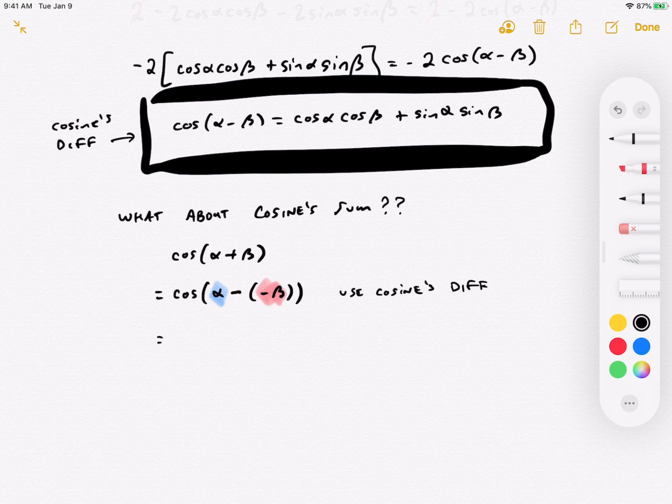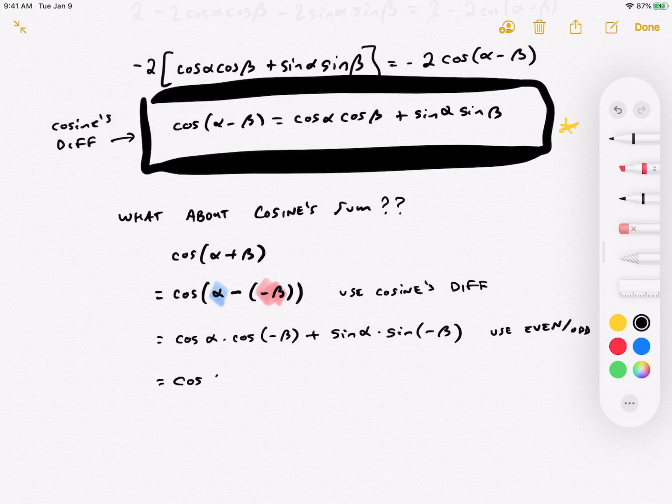So following the prescription that we came up with up here for cosine's difference, I'm going to get cosine of the first angle times cosine of the second angle, which is minus beta, plus sine of the first angle times sine of the second angle. And now I see a cosine of minus beta and a sine of minus beta, and I think automatically that maybe I should use my even and odd properties, and that'll work out just nice.